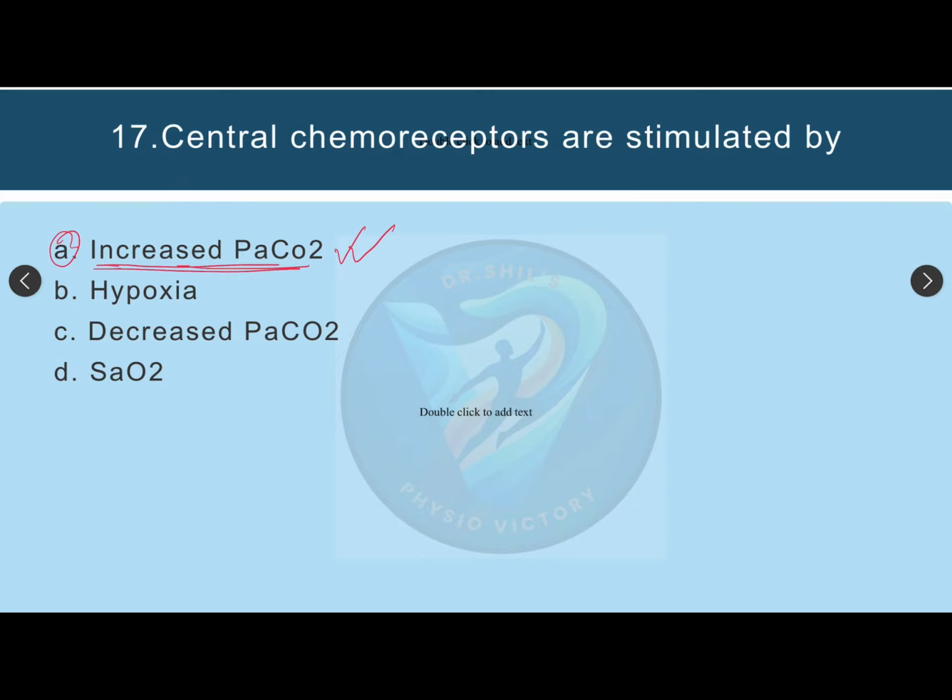Central chemoreceptors are present in the medulla, responded when there is increased partial pressure of the carbon dioxide.